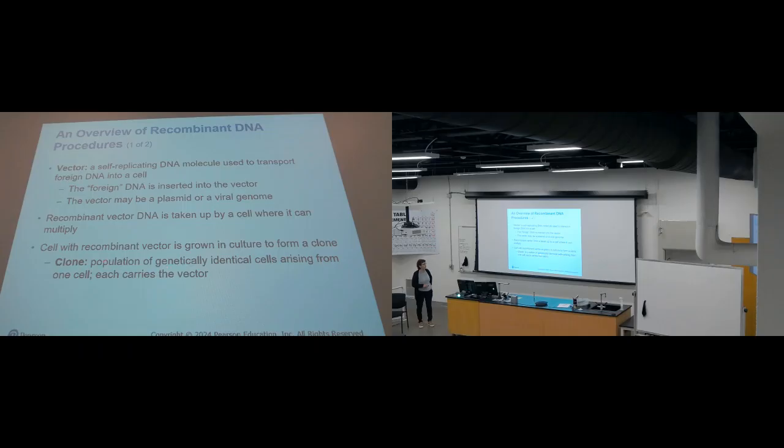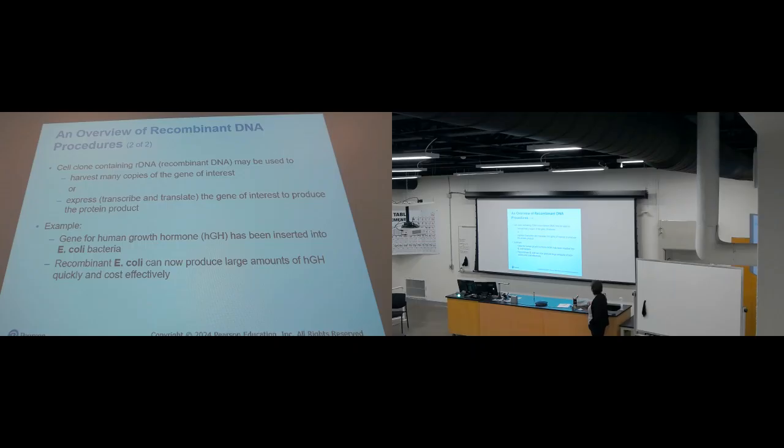And this clone will be identified because it has a specific phenotype that you can identify with a color, in the case when you put a substrate that can be taken up by the cells, and then enzymes can transform this into a color. So the cell containing this recombinant DNA can be used to harvest many copies of the gene of interest, and then you can make a library of your genes.